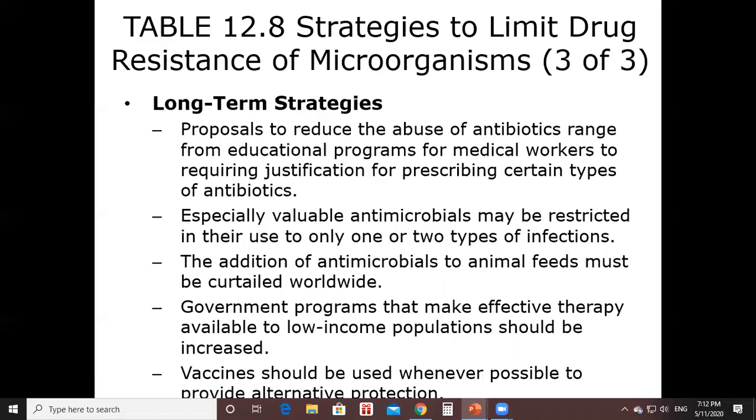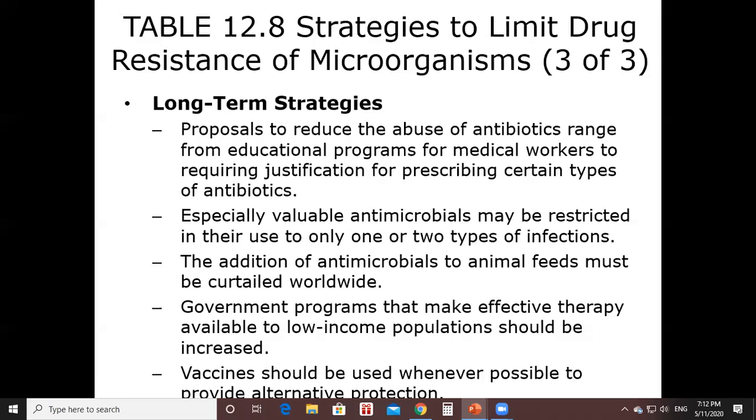Then the addition of antimicrobials to animal feeds must be curtailed. Because currently, a lot of times in animal feeds, they will give animals some of the antibiotics that we use so that they can limit how much infection the animals have. Well, when the animals have it, it gets rid of the bacteria that are sensitive to that, but it enables the bacteria that are resistant to proliferate and teach other bacteria about the resistance.